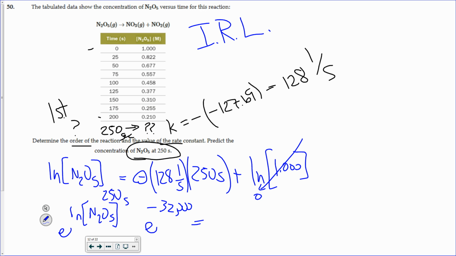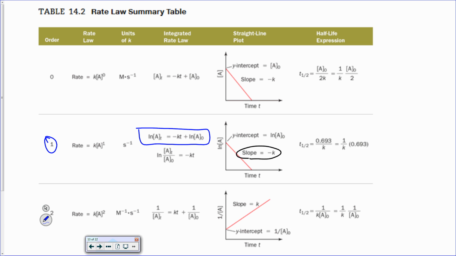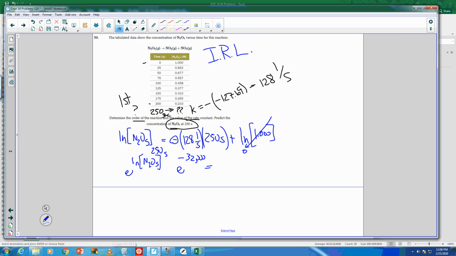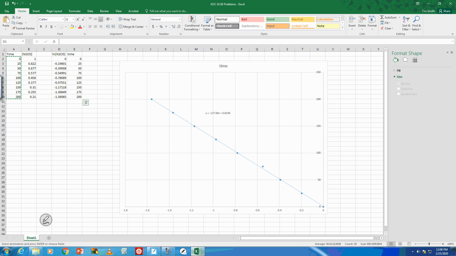All right. What if I got negative kt plus the natural log of the initial concentration, negative kt, 250 seconds, 0. I want to go back to my graph to make sure I got k right. So I'm plotting.